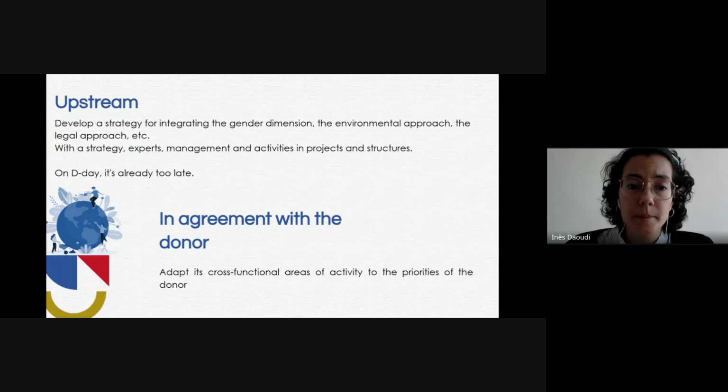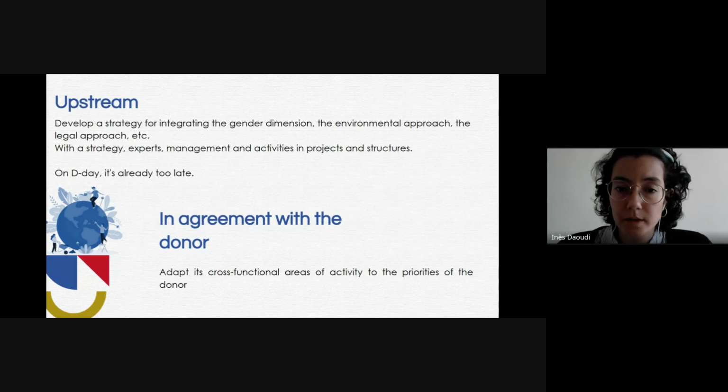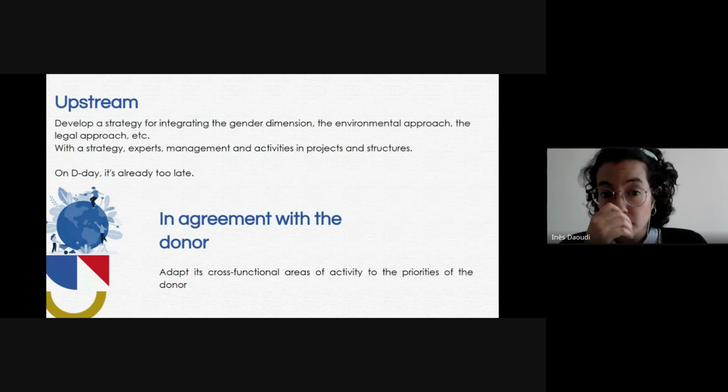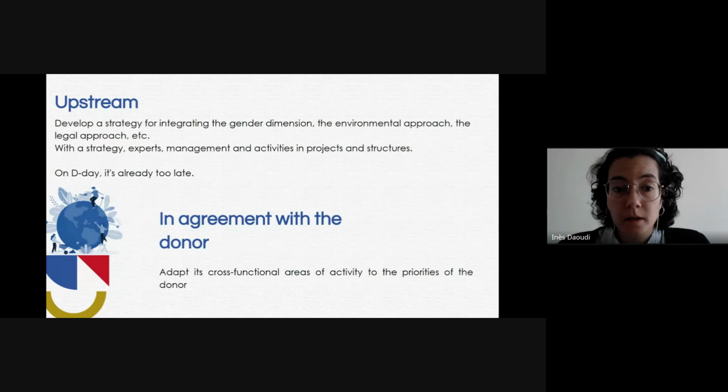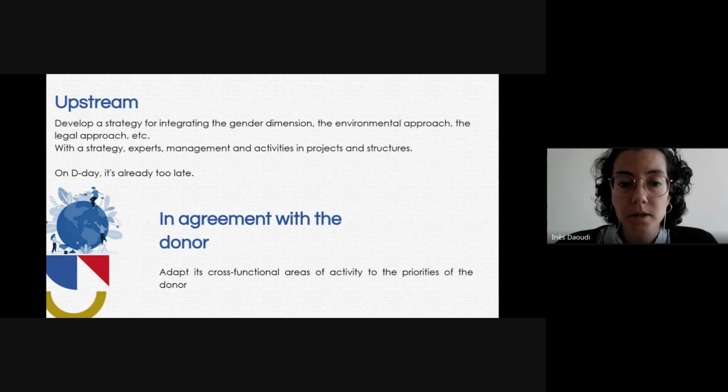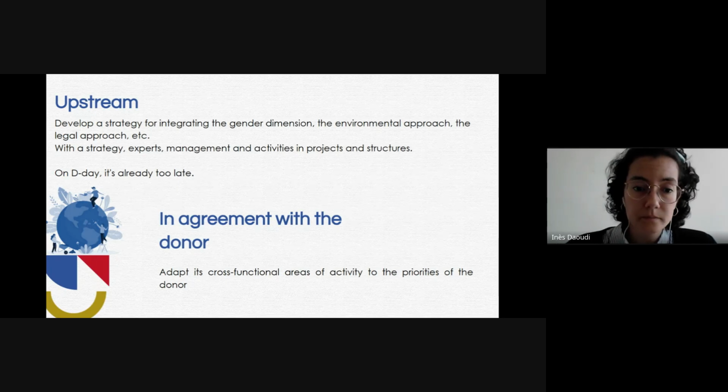Why is it also important? Because it will allow you to align with the priorities of your donors. This demonstrates that the organization understands the donors' priorities and is able to contribute to their strategic objectives. Because then you will, for example, relate to the SDGs, the Sustainable Development Goals, and relevant targets.